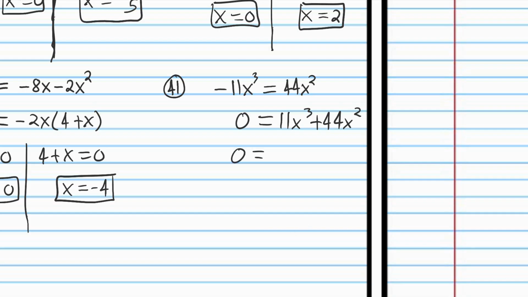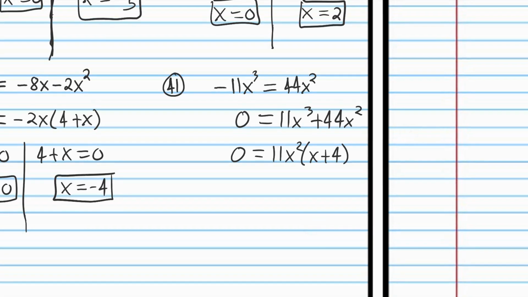And now we're going to factor out the greatest common factor, and break it up. So x is equal to negative 4.